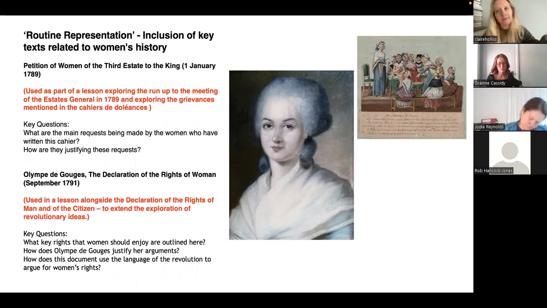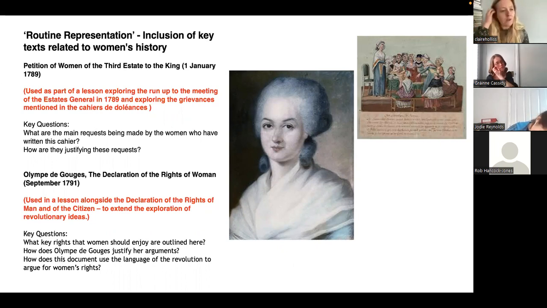So essentially, this was an emergency meeting of representatives of the nobility, the clergy, and the Third Estate, who are everyone else, because France is almost bankrupt in 1789. And it's this meeting which then leads on to the outbreak of revolution. And part of the process is that the members of the nobility and clergy and the Third Estate were asked to put together registers of their grievances.